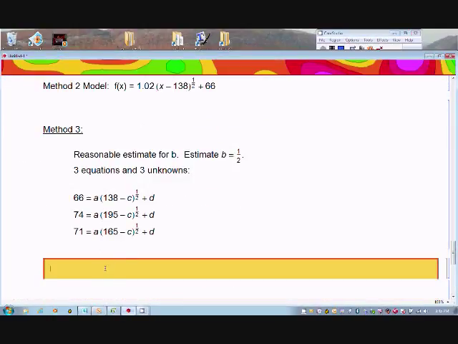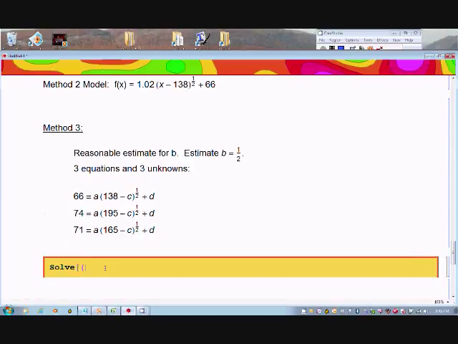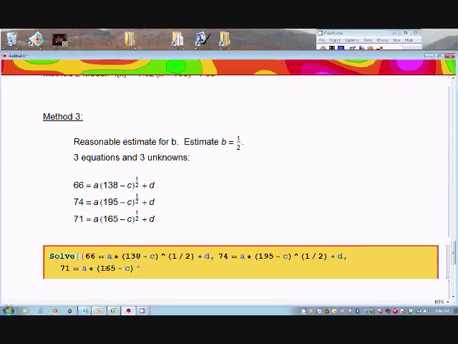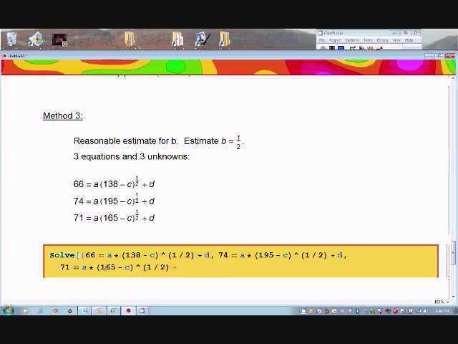So to solve this with the 3 equations, we use the Solve command, and we type in our 3 equations. 66 double equal sign a times 138 minus c raised to the 1/2 power plus d, and 74 equals a times 195 minus c raised to the 1/2 power plus d, and 71 equals a times 165 minus c raised to the 1/2 power plus d.